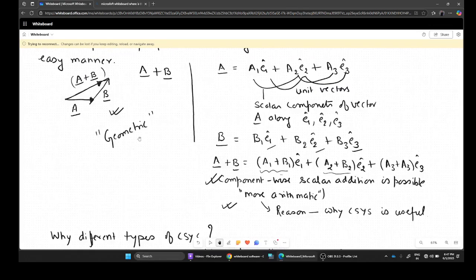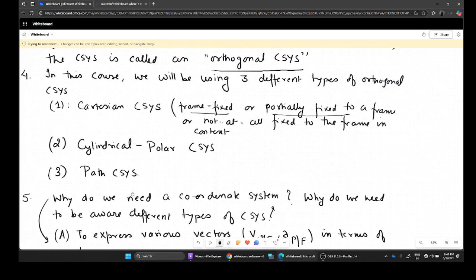I mentioned earlier that we are going to study three types of coordinate systems. In this course itself, we will see some examples in which solving a problem using a Cartesian coordinate system may involve a lesser number of steps.